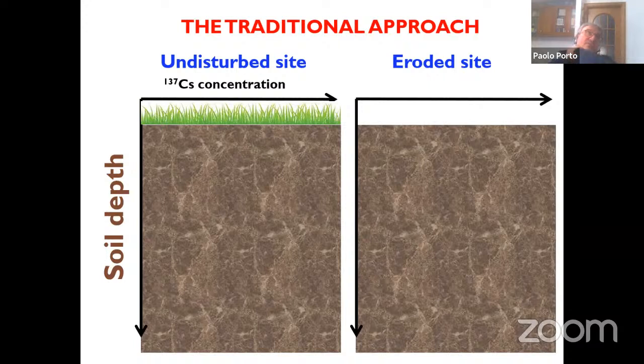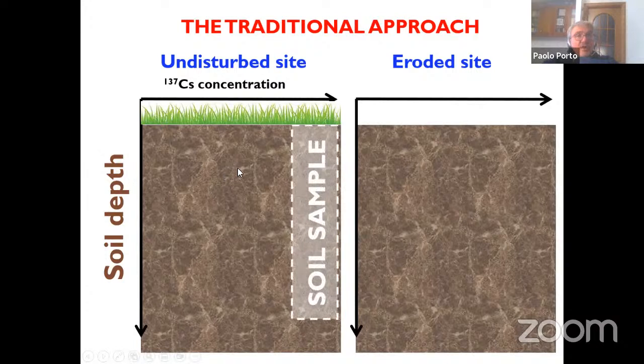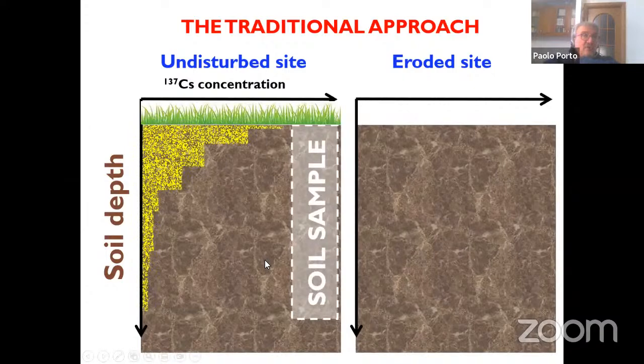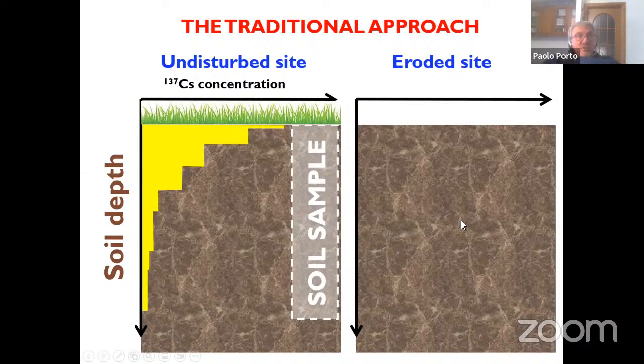So a place where you can get the cesium reference value. So how to get this? You have to collect the soil sample with the equipment that we saw before, the drill, and then you can reconstruct the profile. So in an undisturbed location, you can see that the cesium-137 is more or less represented by a yellow profile.